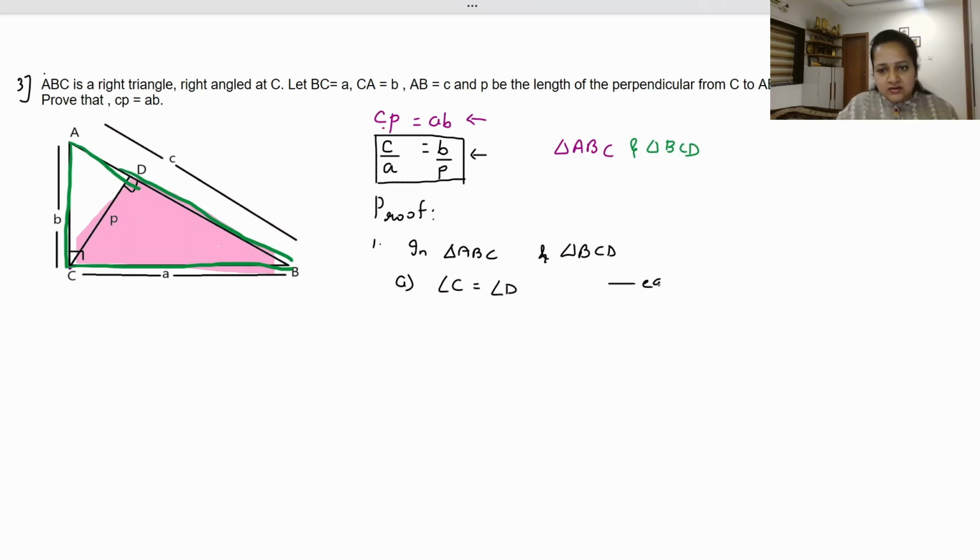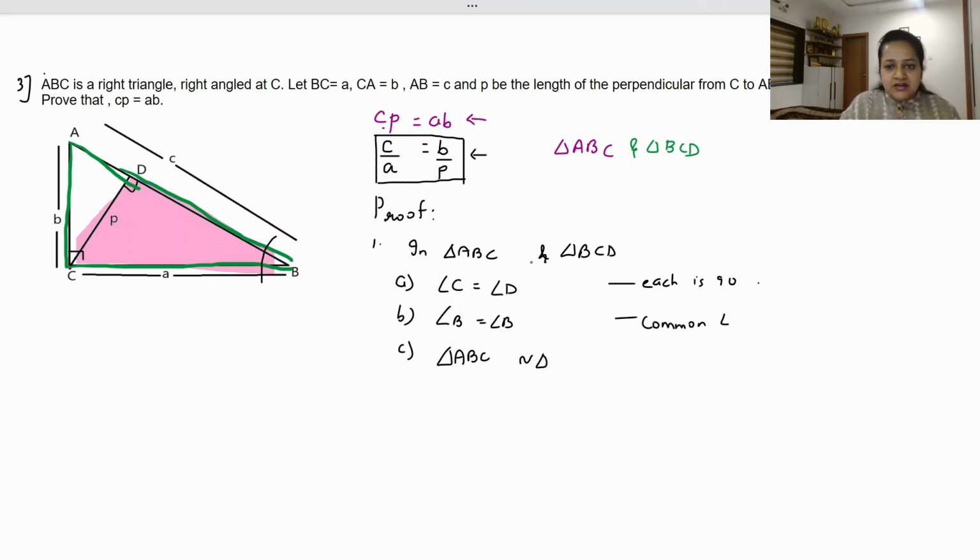Because each of them is 90. And if you carefully look, there is an angle which is common to both the triangles ABC as well as DBC. So we can say that angle B is equal to angle B because it is a common angle to both the triangles. So triangle ABC is definitely similar to triangle DBC.